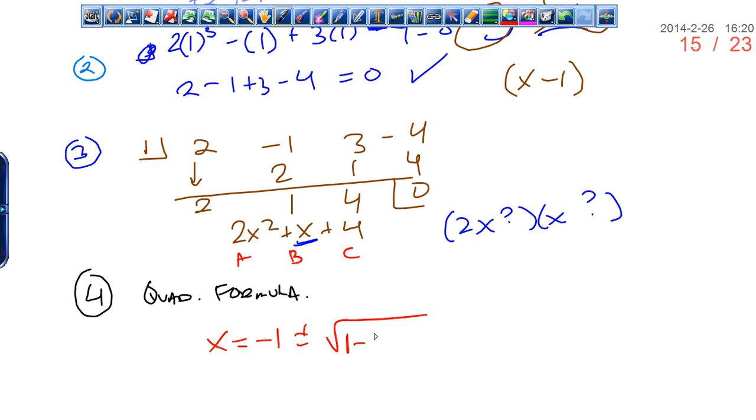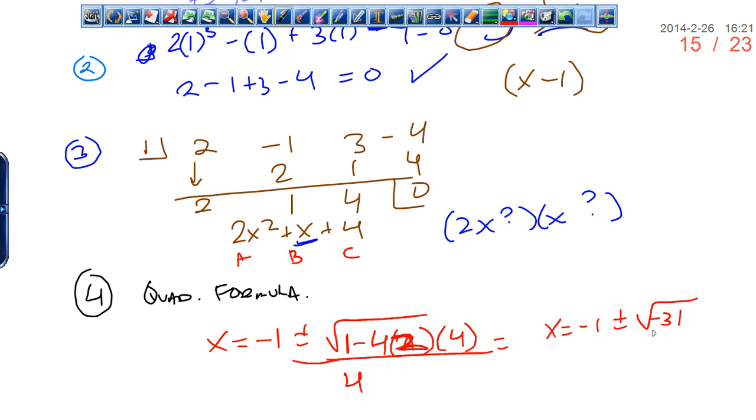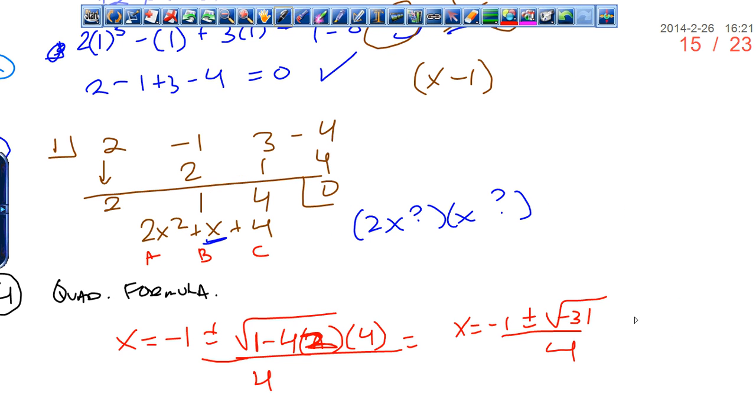B squared is just 1, minus 4 times a times c, all over 2 times 2, which is 4. So I get x equals -1 plus or minus the square root of -31 over 4. Now I don't like -31. What we're going to say is -1 plus or minus i root 31 over 4.